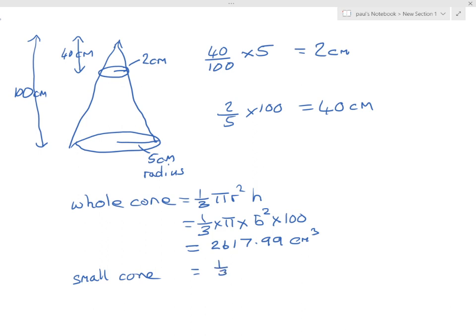Now the small cone, again 1/3 pi r squared height equals 1/3 times pi times r squared. Now this is 2 squared this time, and the height is 40. That's what we had to find out before. So 1 divided by 3 times pi times 4 times 40 is 167.55, more or less.